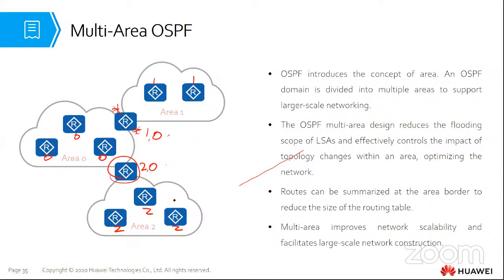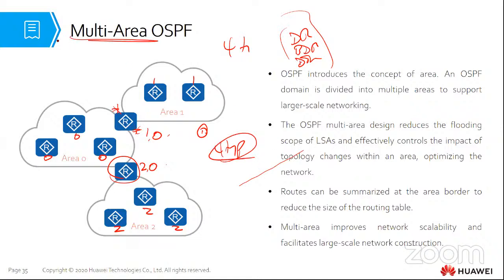That brings the concept of 4 types of OSPF routers. Forget those ones of DR, BDR, and DR other, those are also there, 3 types. But now, there are 4 types of OSPF routers for multi-area OSPF.